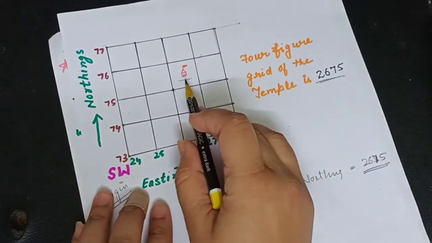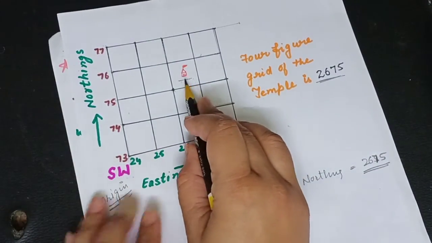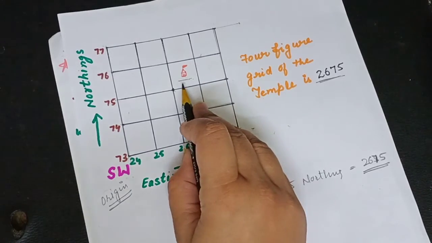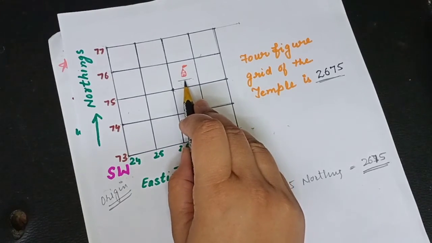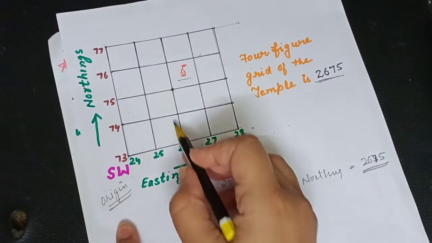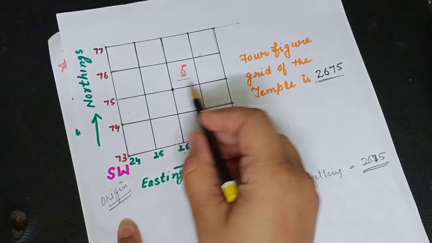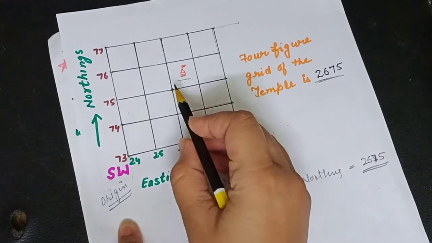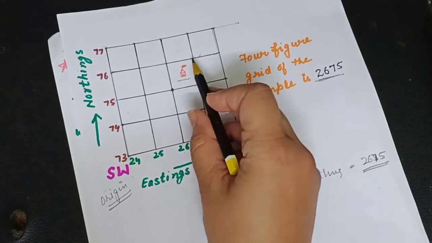How? See, just here this temple is there. Now we want to know in which grid this temple is lying. If we check this line and this line, both are intersecting here. So this is the southwest corner of this grid.